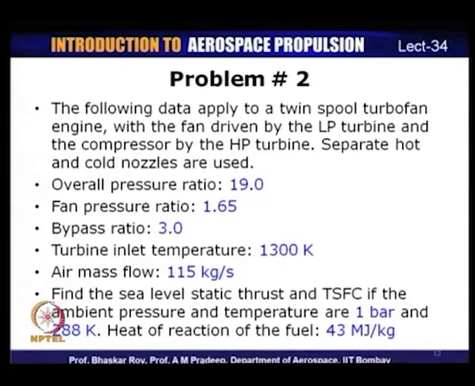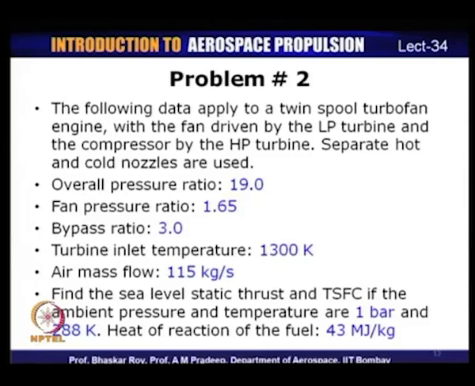So, you have separate hot and cold nozzles. The overall pressure ratio is given as 19. The fan pressure ratio is 1.65. The bypass ratio is 3. And turbine inlet temperature is 1300 Kelvin. Air mass flow rate is given as 115 kilograms per second.